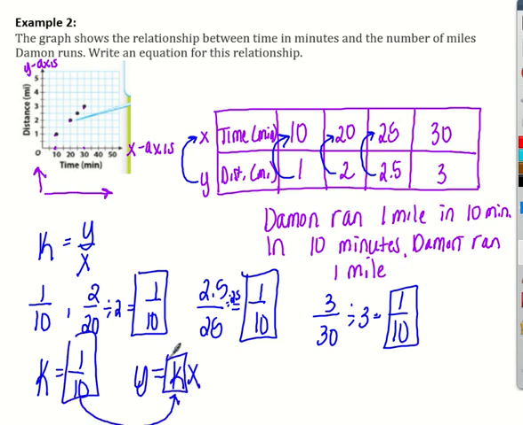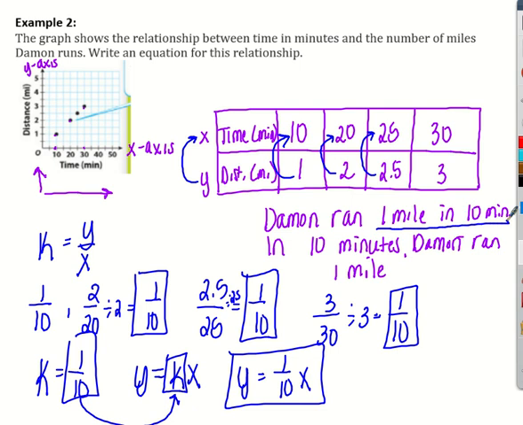So all I'm doing is replacing that K with the 1/10, and that is my final equation for that table. Please, please, please do not convert it into a whole number because you think it's wrong. This problem says that Damon ran 1 mile in 10 minutes, okay? You don't run 10 miles in 1 minute, that's impossible. So you've got to go back and say, do these make sense, okay?